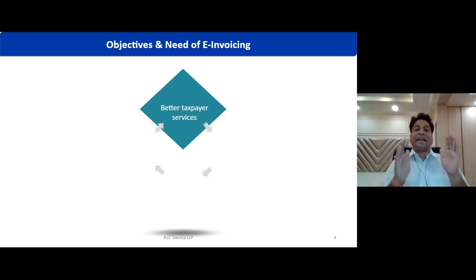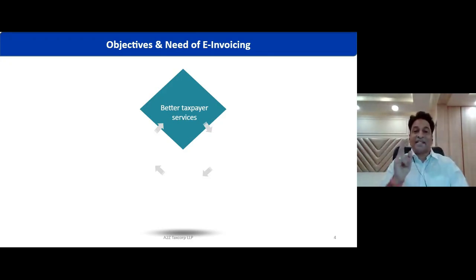This is the only activity you are going to do, and thereafter you get a unique IRN number, digitally signed with a QR code, and the IRP pushes the data to your GST common portal for preparation of GSTR1 outward supply. Your table number 4, table number 6, table number 9B, table number 12 of GSTR1 get auto-populated.